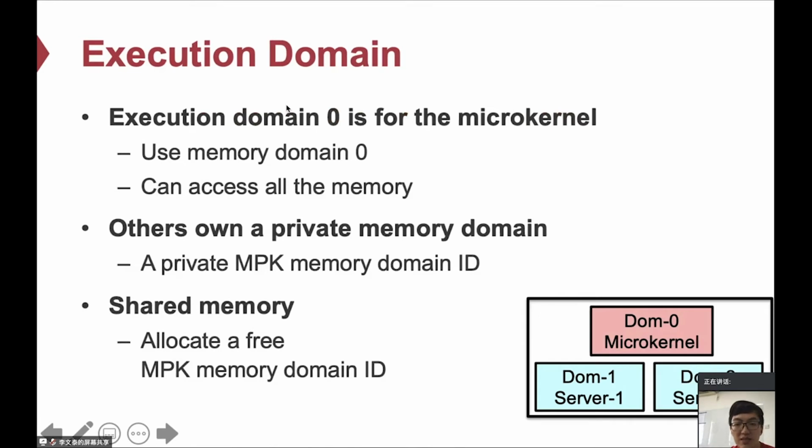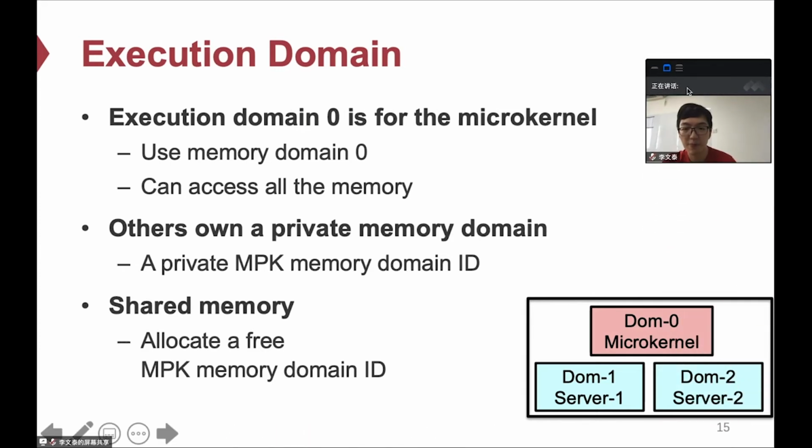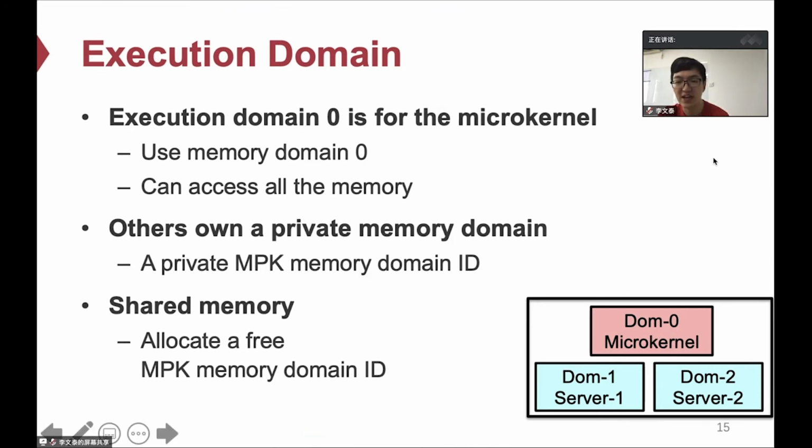UnderBridge builds isolated execution domains over PKU memory domains and confines each system server in an individual execution domain. One execution domain is specialized for running the trustworthy microkernel. Every other execution domain has a private memory domain and can only access its private domain by default.